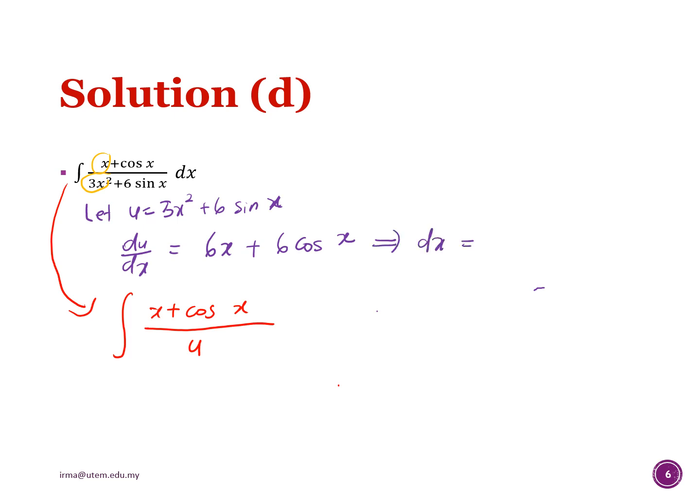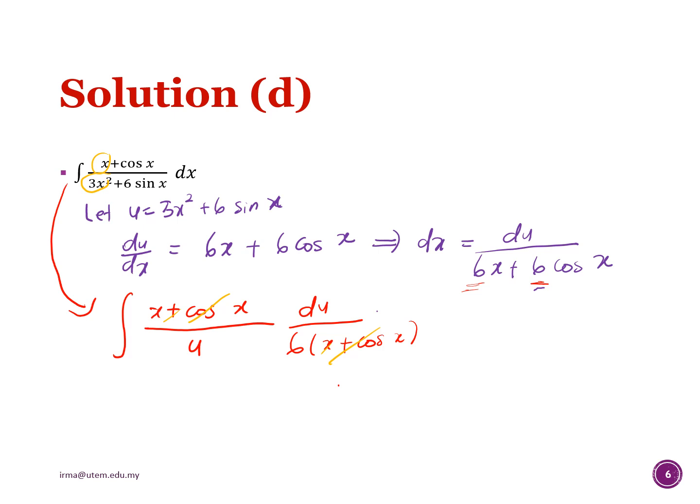So dx is equal to du over 6x plus 6 cos x. If you see here, these two are the same, which is 6, so I can factorize that 6, so just x plus cos x. So we can cancel out all these terms.